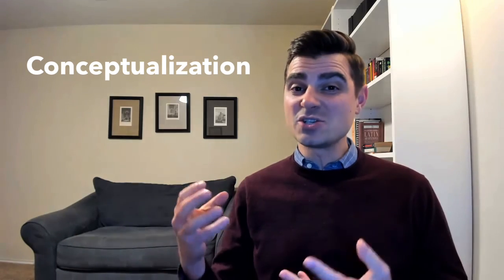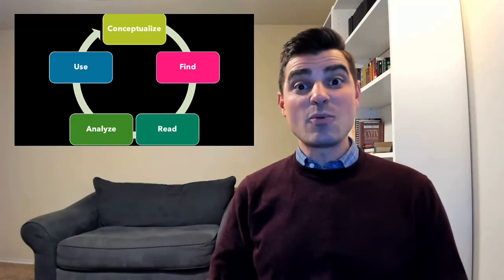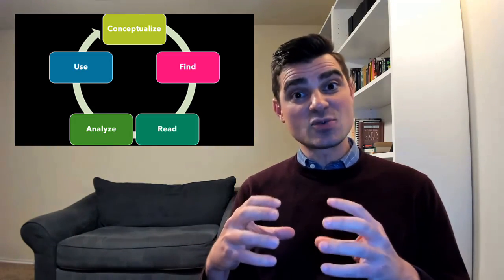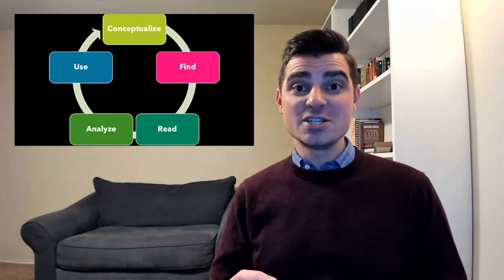If you remember our research process from a previous video, that work of conceptualization, the first stage of the research process, is really where tertiary sources come in handy the most. So find good tertiary sources to help you think through what your topic is, how you can narrow it, how you can devise good search strategies for more primary sources and other secondary sources, how you can really get going with the whole research process.